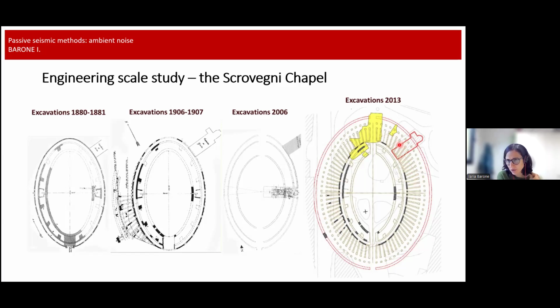And the direction of these radial walls is somehow not corresponding to the direction of the walls of the chapel. And this is something that the archaeologists were trying to investigate. And then, as I said before, archaeologists also wanted to see if there was a gallery along this major axis.